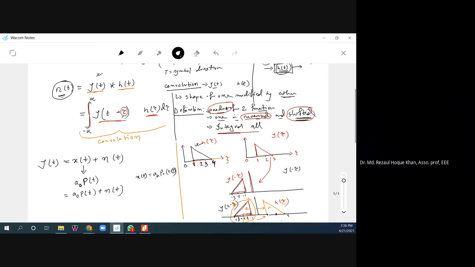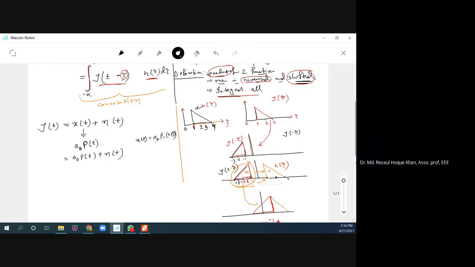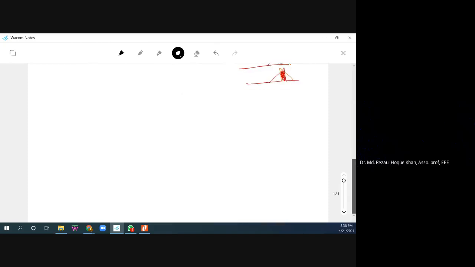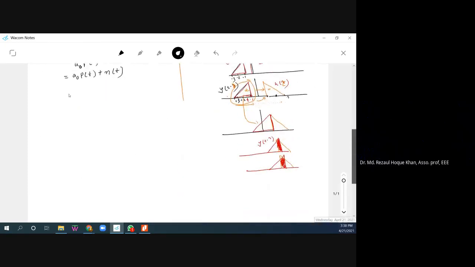Now if we put it into our r of t, what will r of t look like? We know r of t was the integral from minus infinity to plus infinity of y of t minus tau, times h of tau d tau. But here y of t minus tau is also this equation.